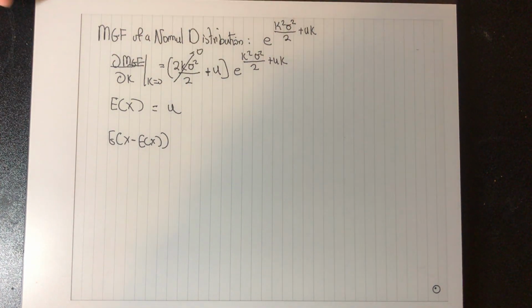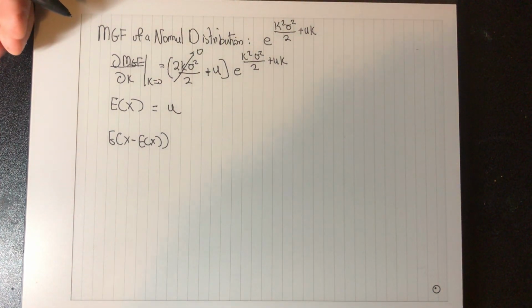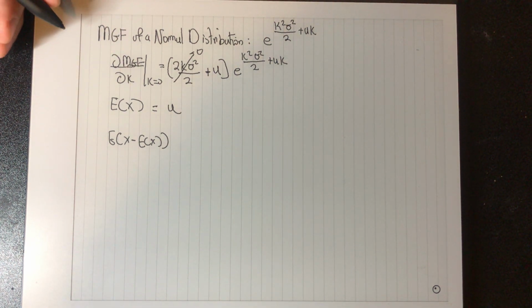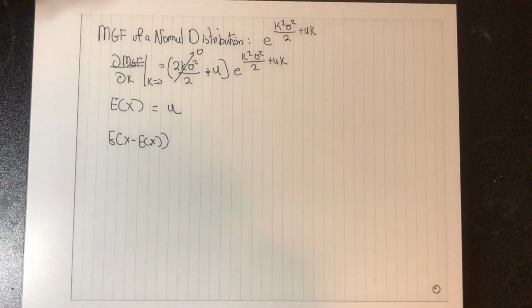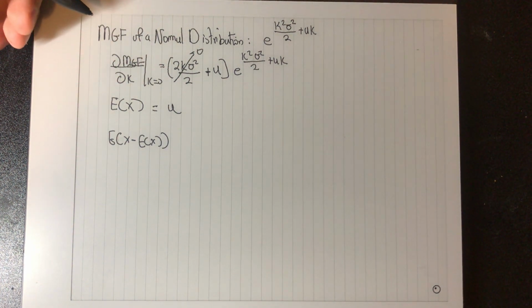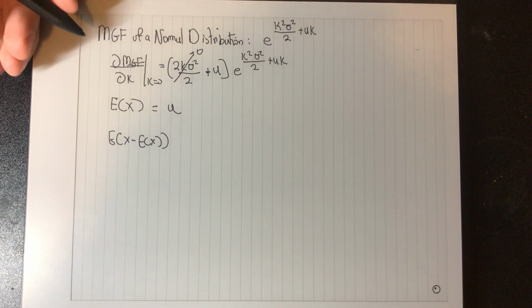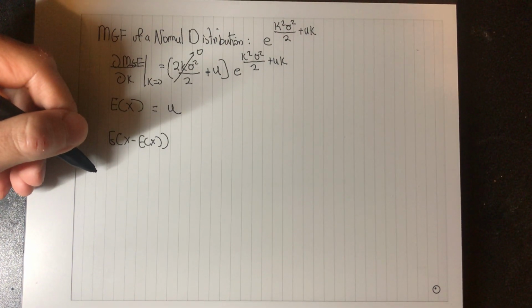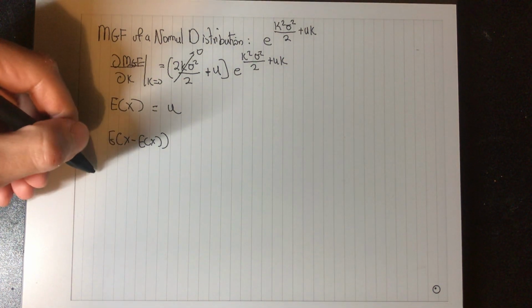And the way to get the cumulants of the moment generating function is by simply taking the log of the moment generating function. So in this case, we would basically have the following.